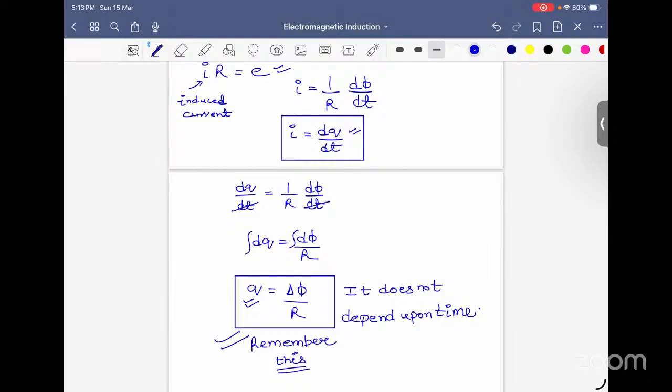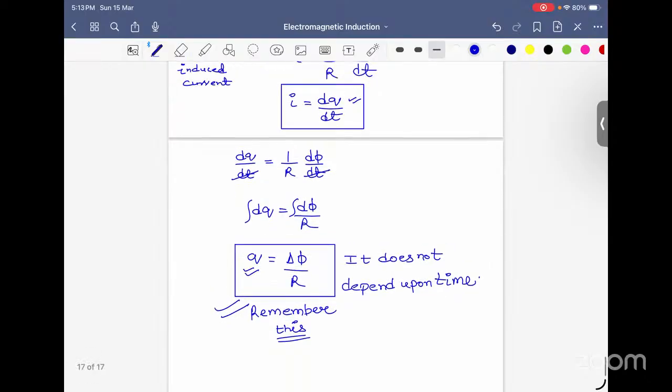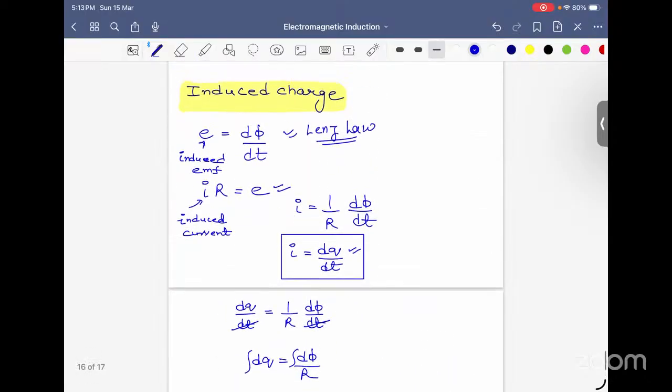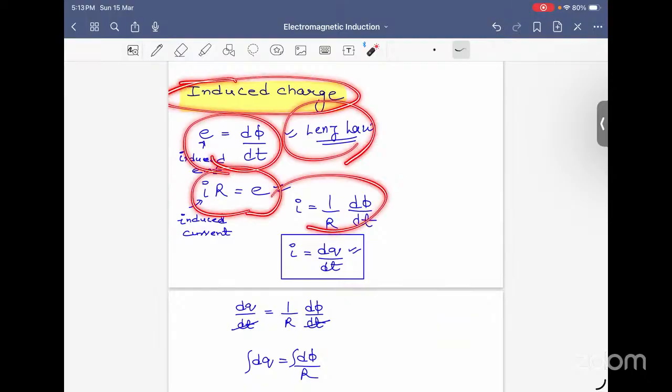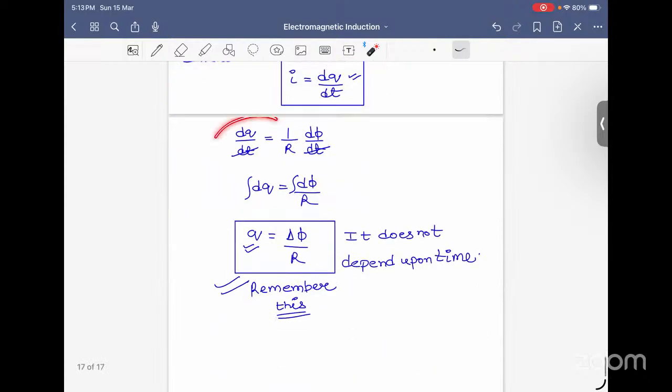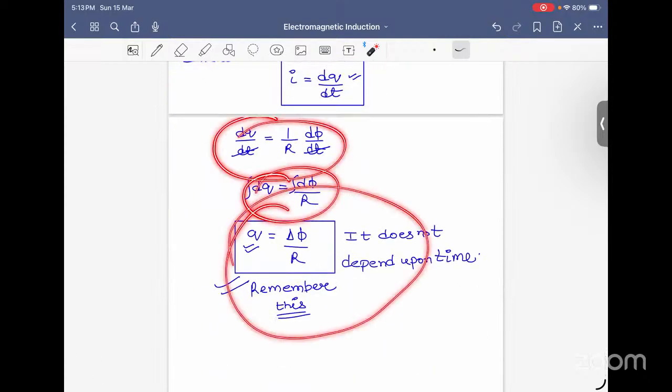Step by step we'll progress. We have already seen the theory related to induced charge. Now we'll see a numerical based on this.